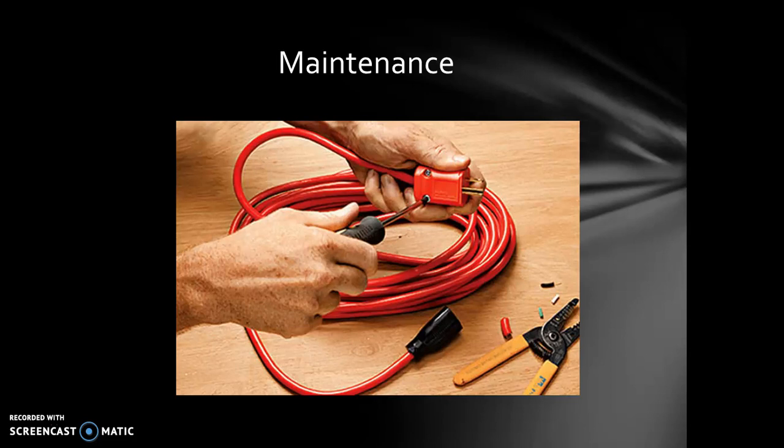Do not try to splice a new one on there. The easiest thing to do is to throw it away completely and buy a new one. Extension cords are not that expensive, so it's easier, especially if you're working for someone and you bring it to your boss, for them to just buy a new one. It's more expensive to fix it than to buy a new one.